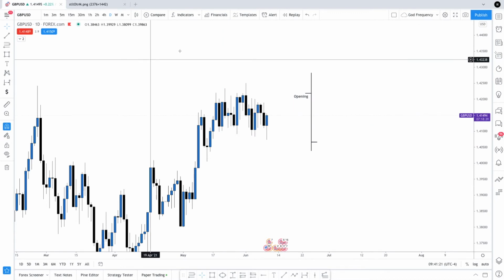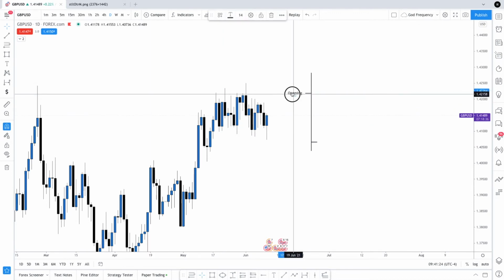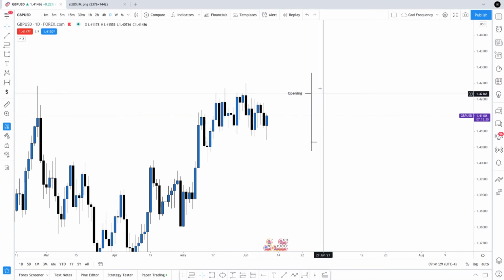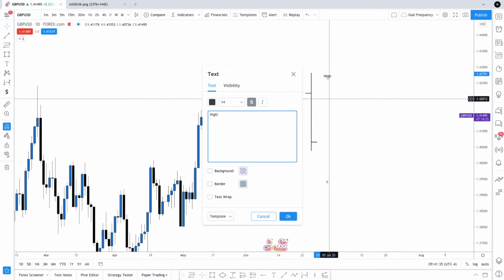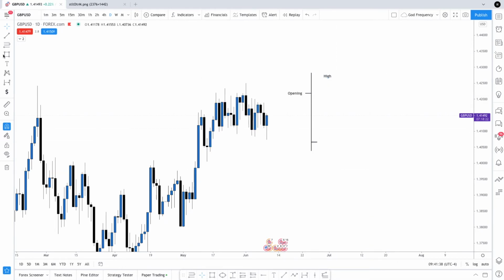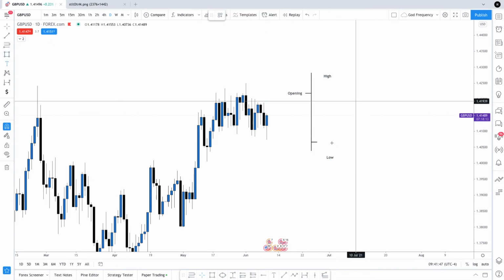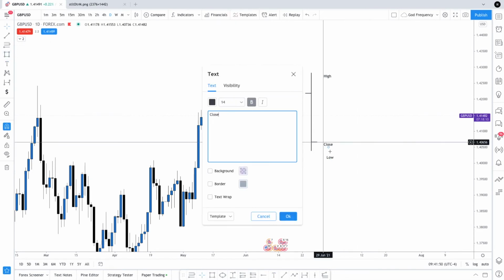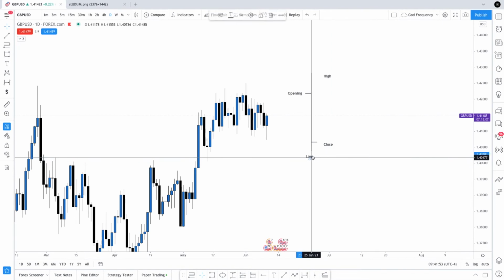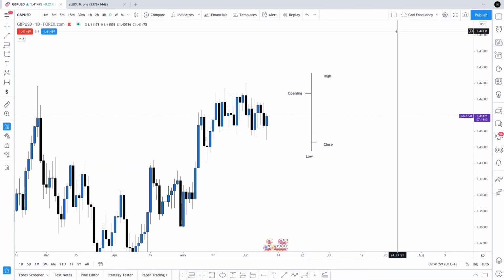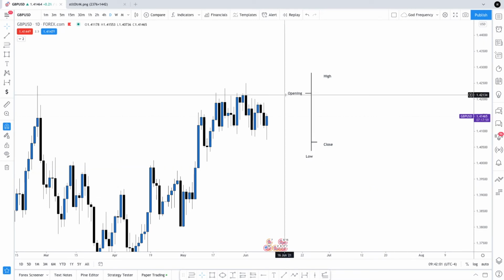So when you apply this to your trading, you want to just focus on where's that opening price, where's that high, where's that low, and where's that close. This in itself, your open, high, low, close, is all you need to know.